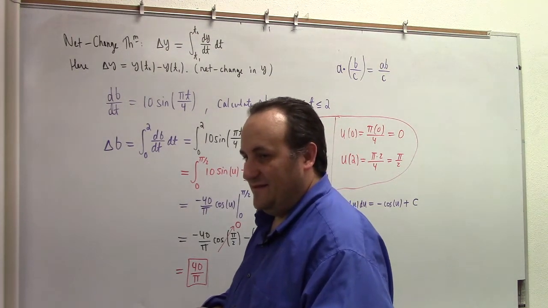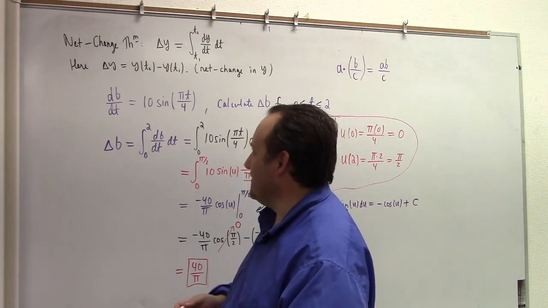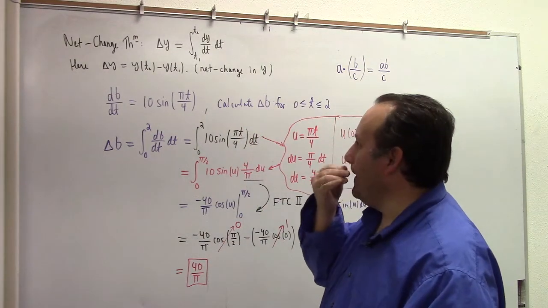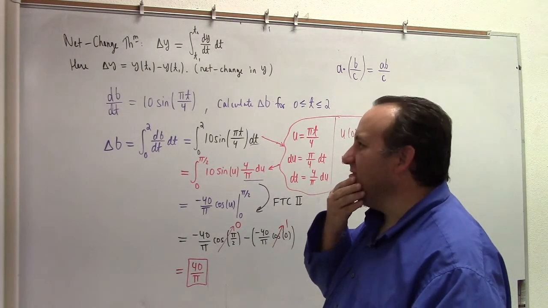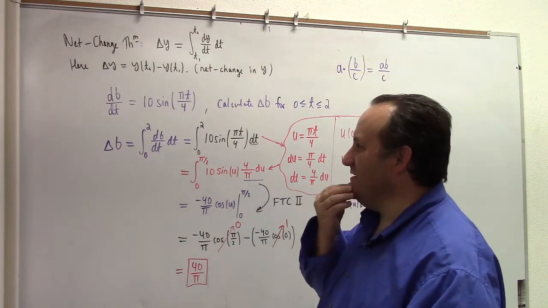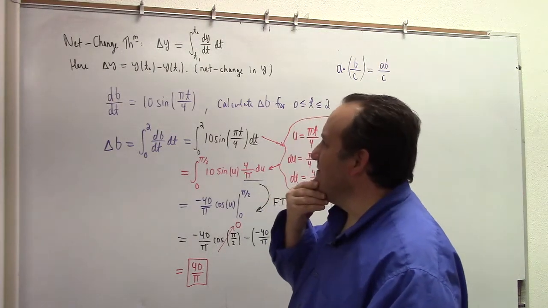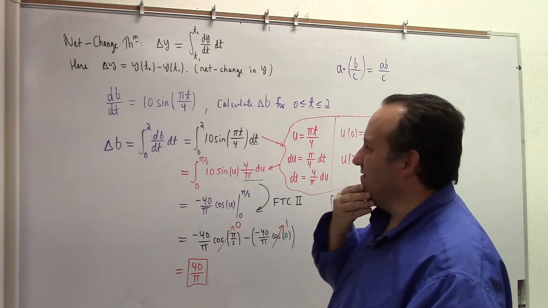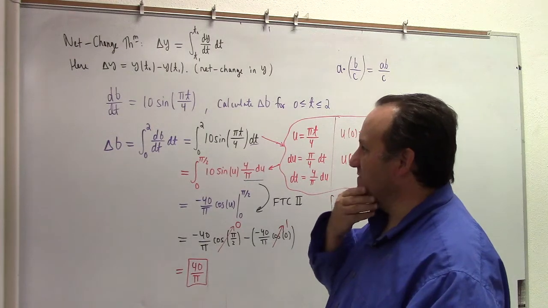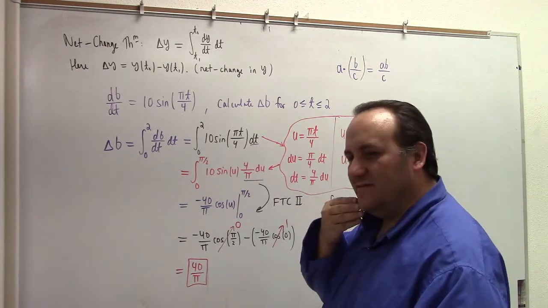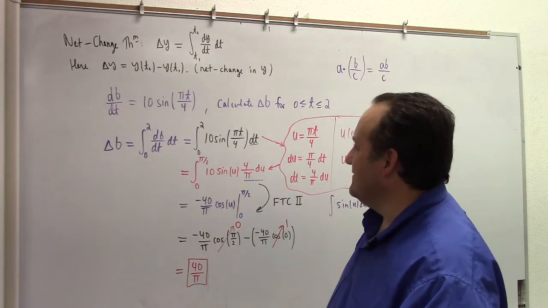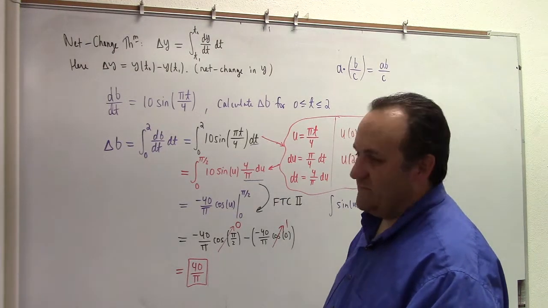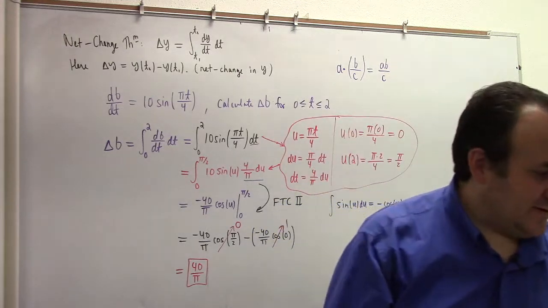You could have a decreasing number of barks per time, but if dB/dt was negative, you could somehow undo a bark with this formula. You could have negative barks. I don't know what that means. What's a negative bark?